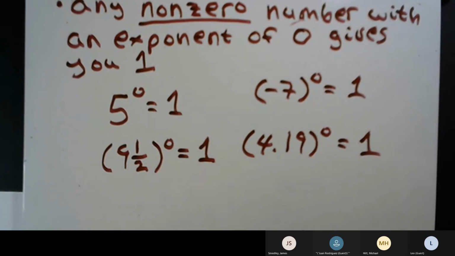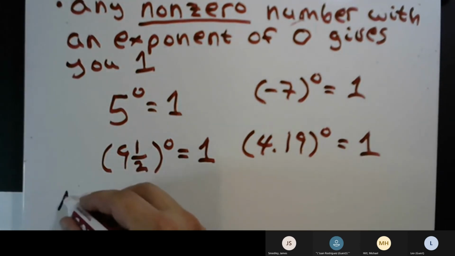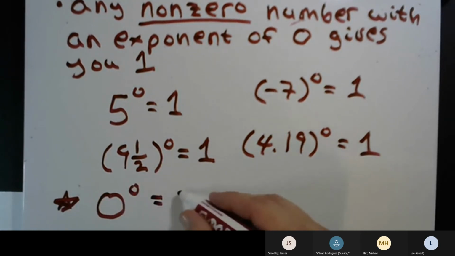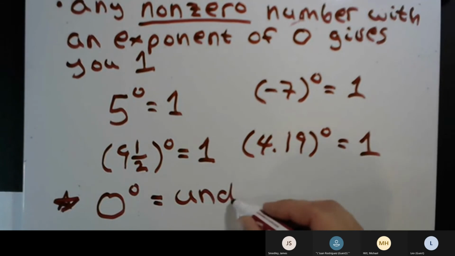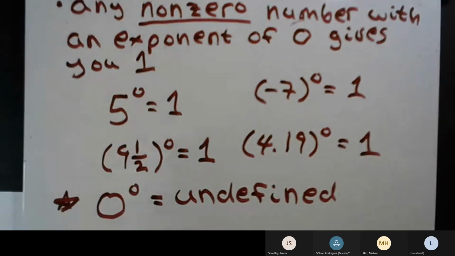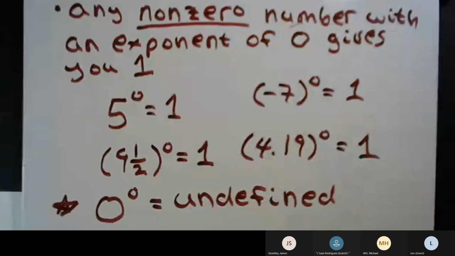And so what happens if you try to give a base of 0 an exponent of 0? Well, 0 with an exponent of 0, we say that's undefined. That one we don't try to mess around with. We leave that one be. So any questions about that?